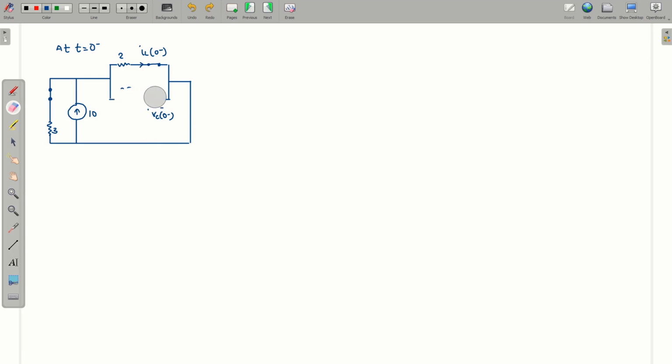Now you can see very easily that this 2 ohm and this 3 ohm are in parallel. So IL0 minus, by the current division rule, is 10 times 3 over 3 plus 2, that is 5. So that is 6 ampere. So 6 ampere current is IL0 minus.